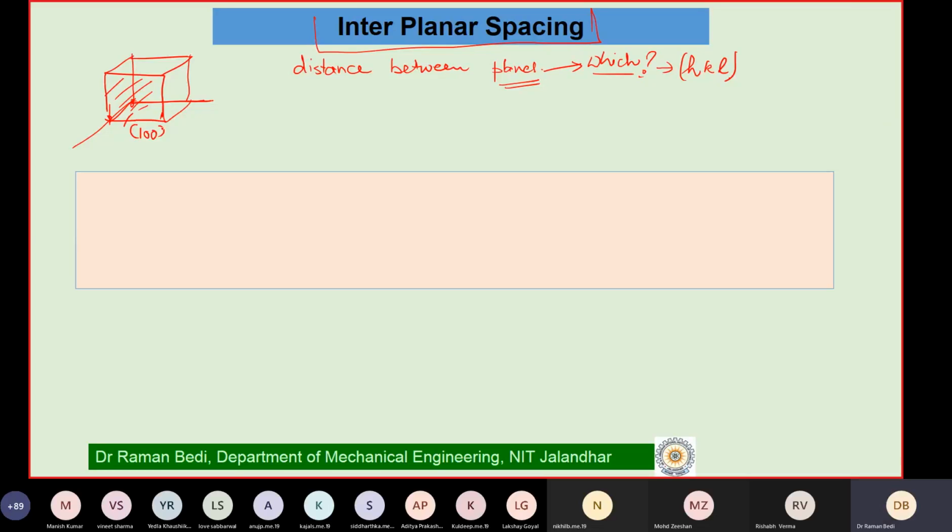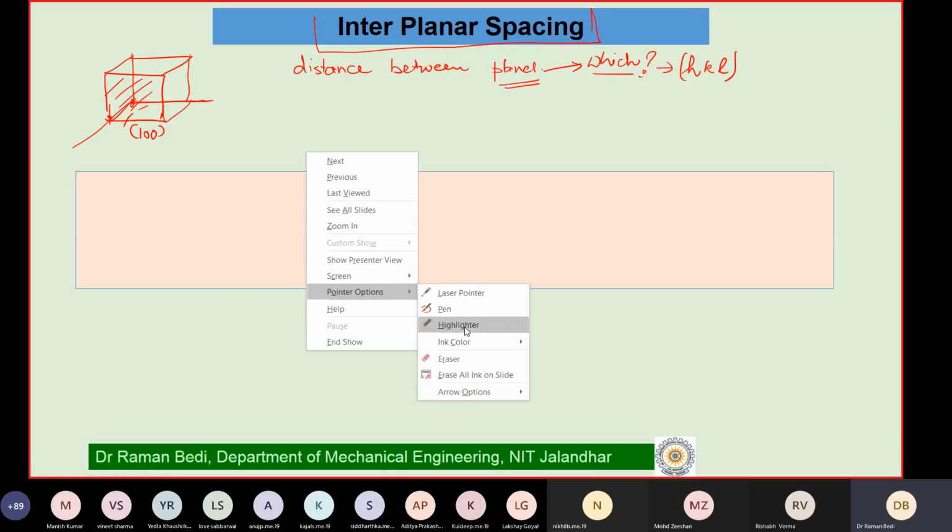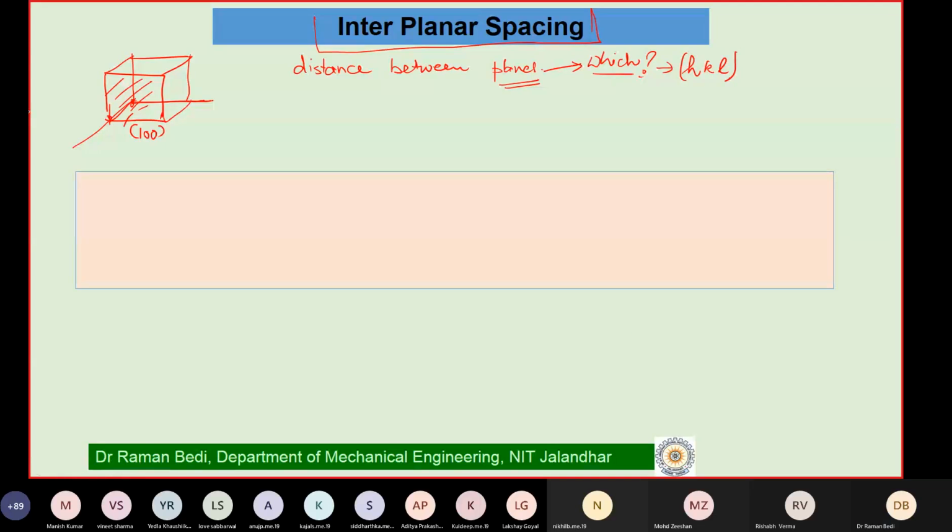Okay. What is the back face of this cube indexed as? The minus 100. Okay, 1 bar 0 0.